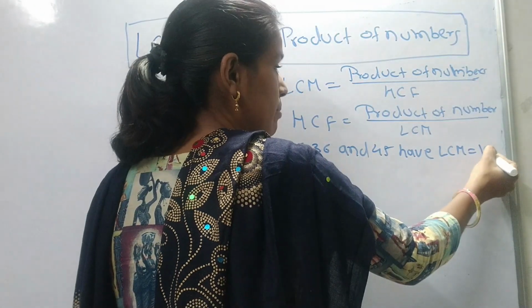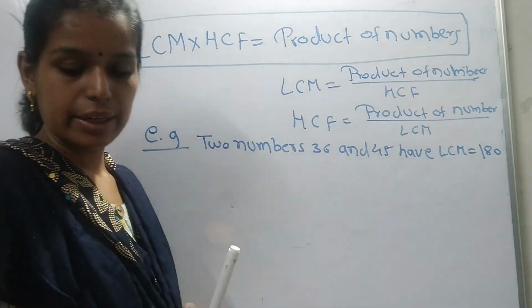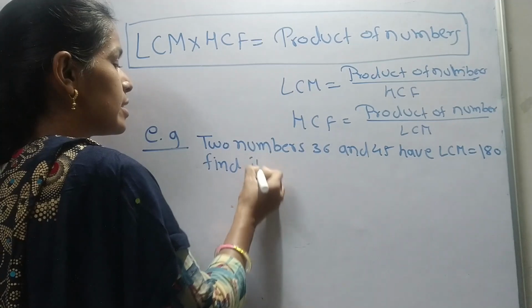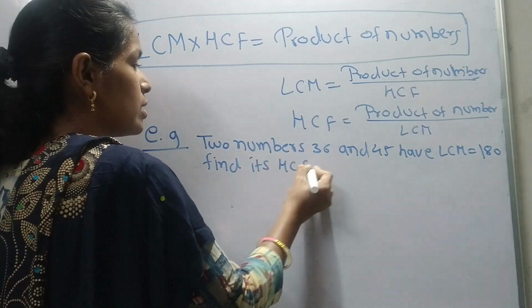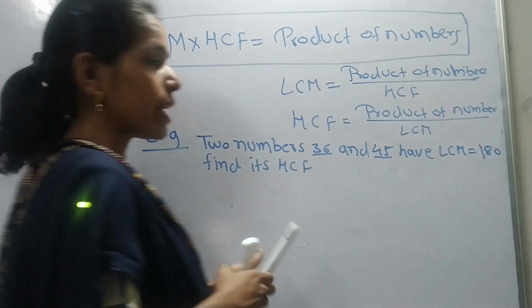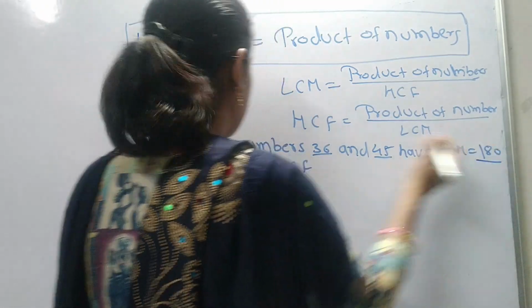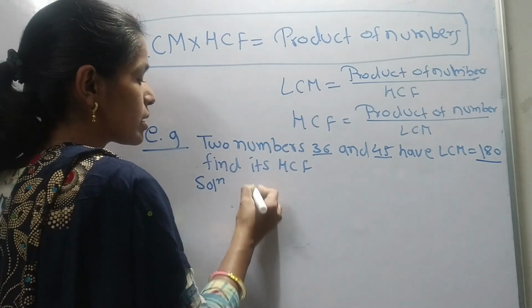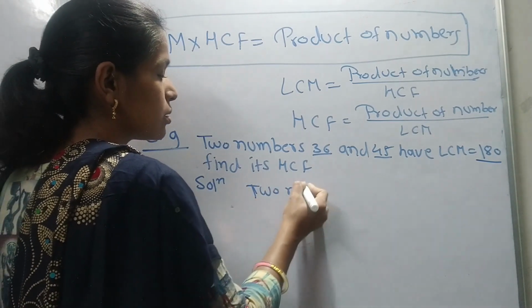Sorry, LCM is equal to 180 and you have to find its HCF. See here, the two numbers are given, 36 and 45. Also its LCM is given, 180. Okay, let's write the solution. Here, two numbers. What are the two numbers?